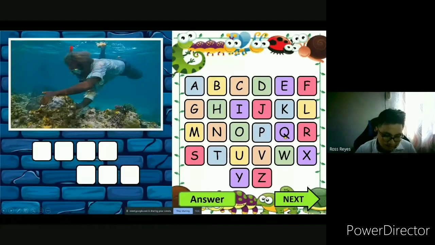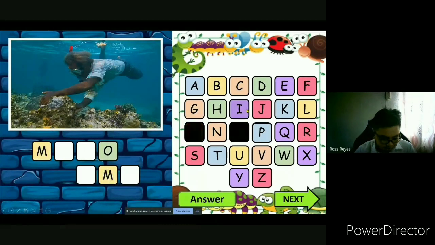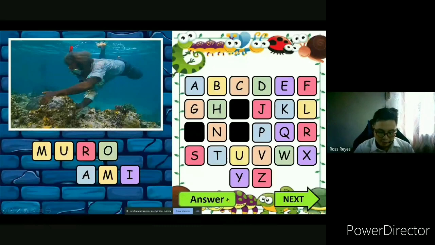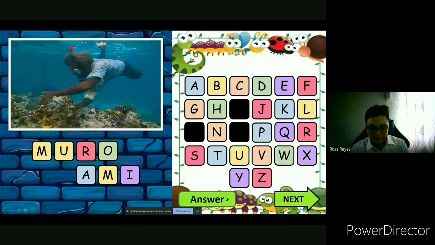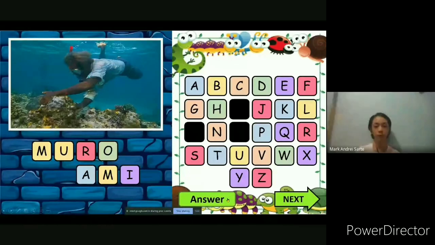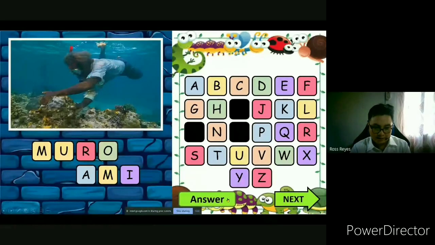What do you call this? This is muroami. Muroami is a fishing technique employed on the coral reefs in which they use surrounding net and pounding device. They use a pounding device to pound the coral reef so that the fishes inside the corals will be driven out and be captured by the net.